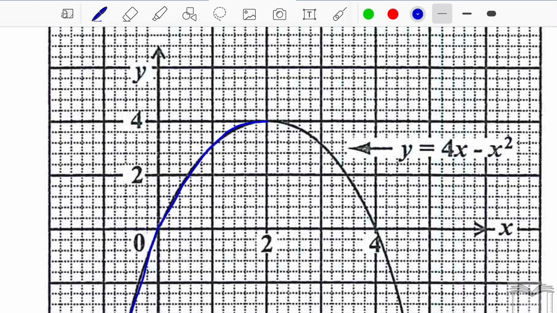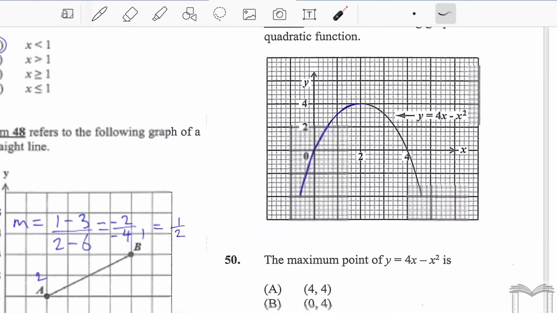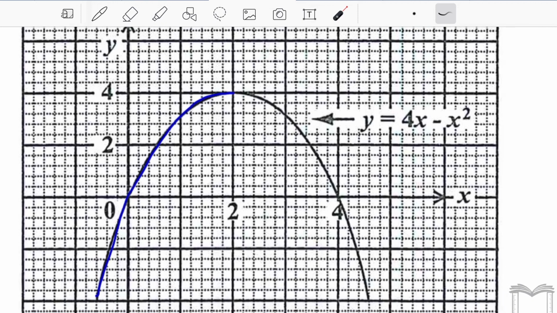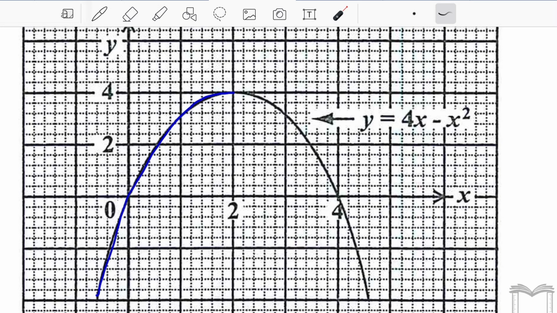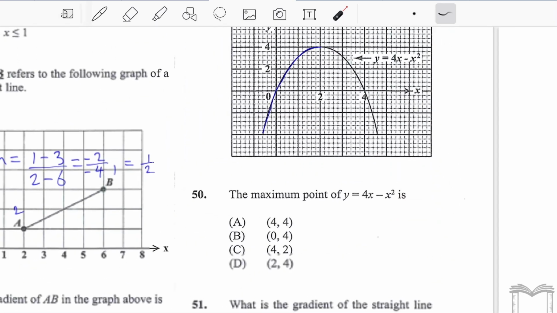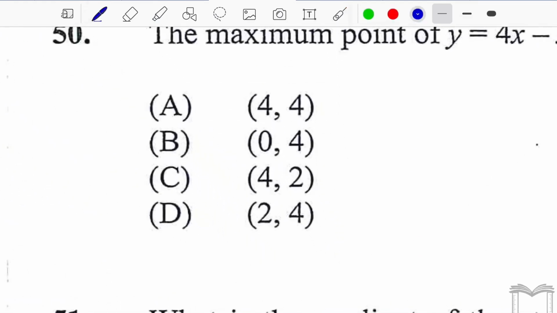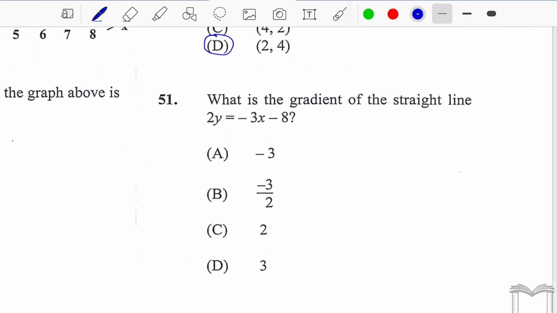So we're going like this, and right here at the peak or the turning point, we call that the maximum point. So we simply need to determine the coordinates at that point. So of course we always read the x value first. So that's 2, and then the y value is 4. So it's 2, 4. So the answer is D.